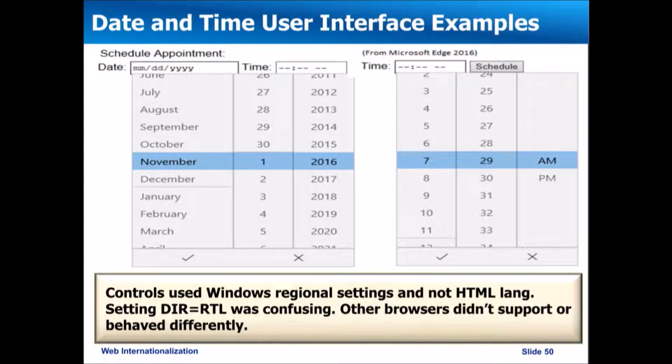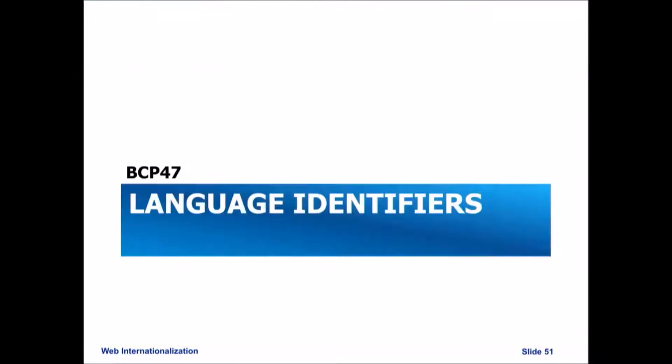Or maybe how the browser was set? No, it's the operating system. So for example, the Windows regional settings and not the HTML lang will set it. And also if you're setting on your page, direction is right to left, but the system isn't set to right to left, it might be a little bit confusing. But other than that, you get some nice date and time pickers.